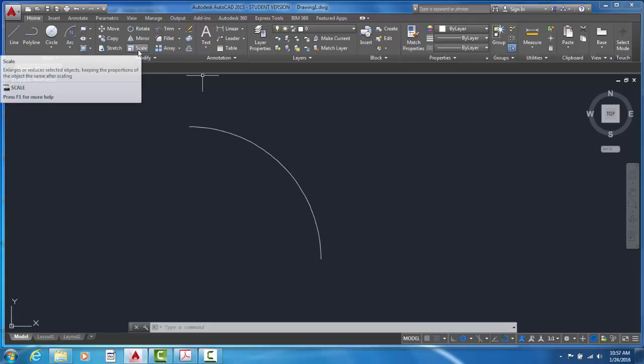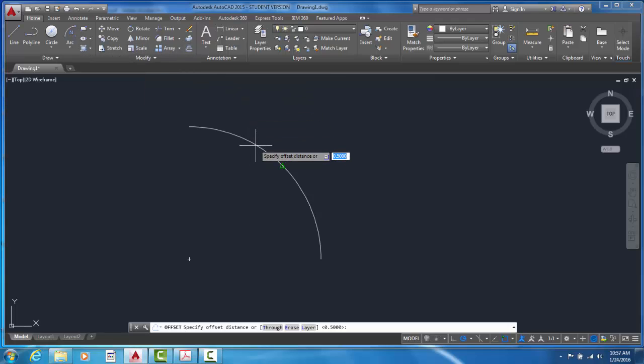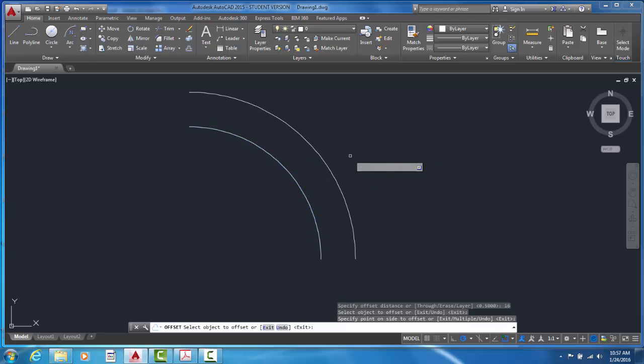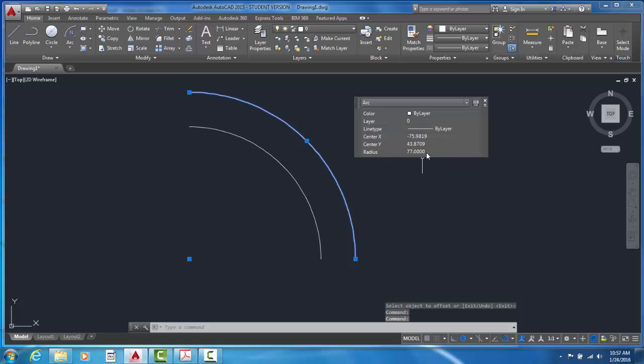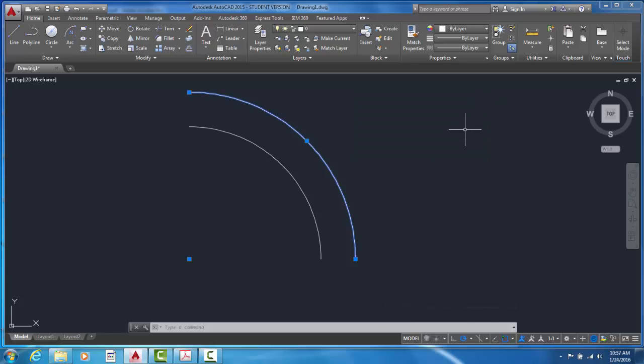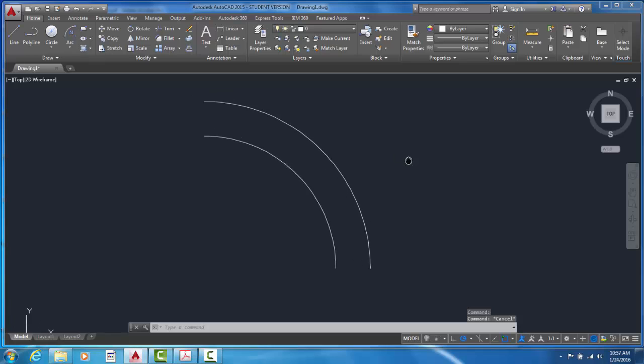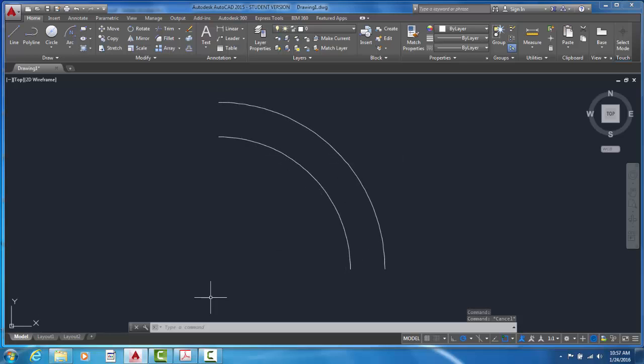So I can use offset through a distance of 16 to create my other arc. I can verify that it has a radius of 77 and that I did my math correctly. Again, this is not a right way or a wrong way, just the way I chose to do it.